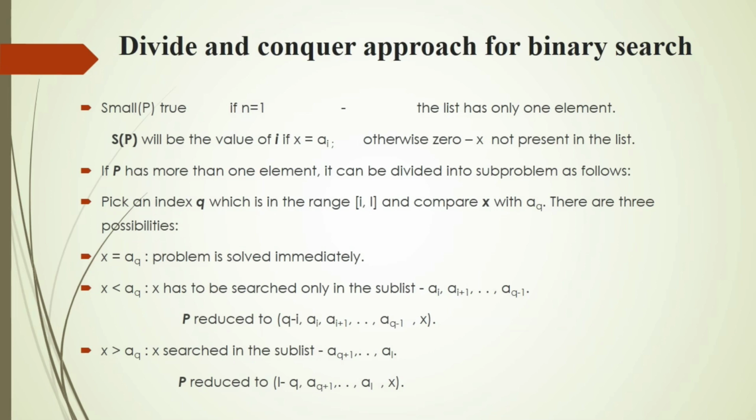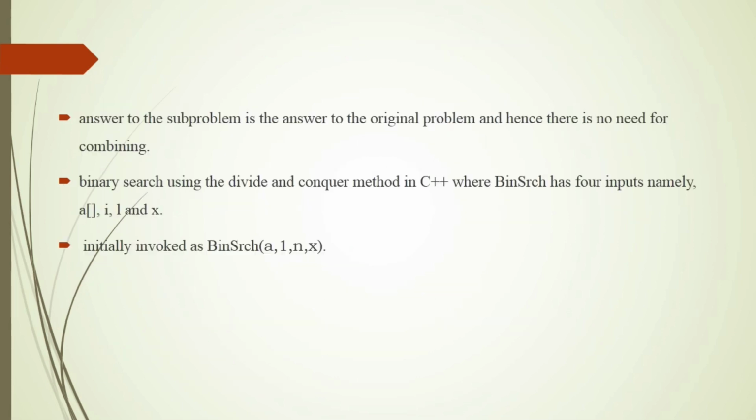So now we have a P which is reduced to a new n, that is l minus q. The number of elements is only l minus q. Then the array starts from a[q+1] and continues until the last element a[l], and the key element x remains the same in the problem.